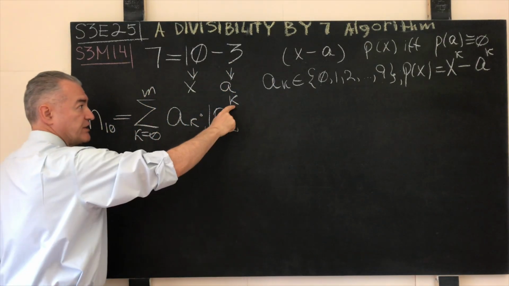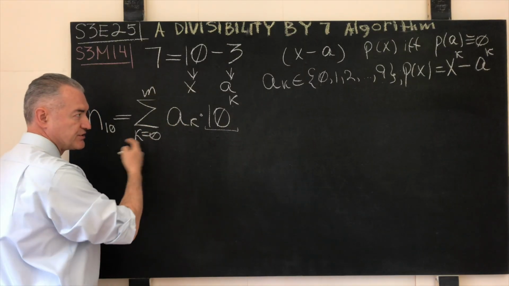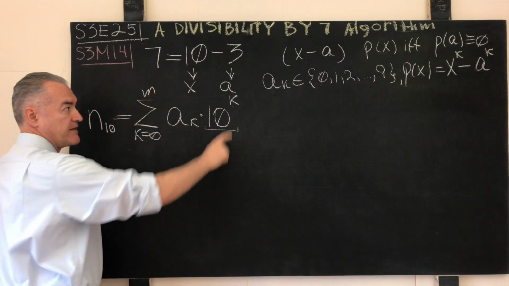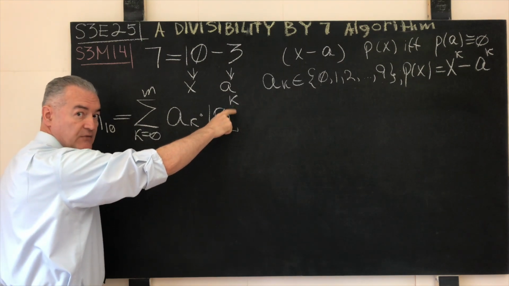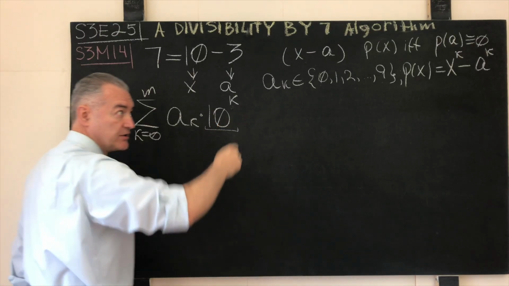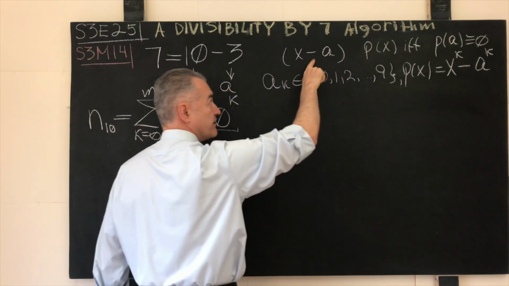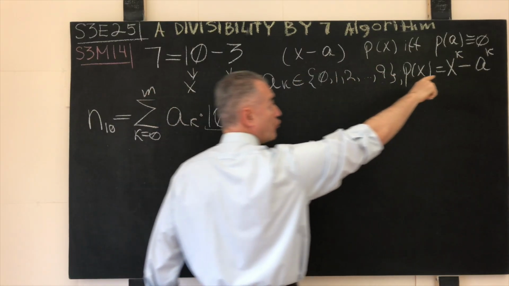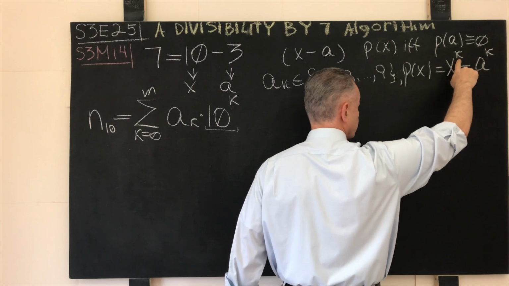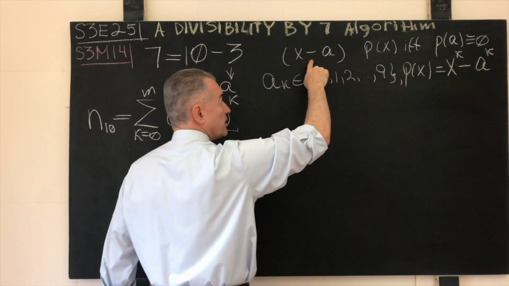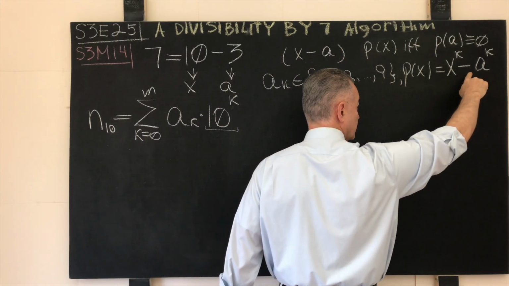Why? Look over here, k varies over some number of interesting digits in a given number. And that means that this number over here flip-flops through what? Even, odd, even, odd, even, odd. And this polynomial over here is divisible by this polynomial over here for all parities of k, whether k is odd or even, it doesn't really matter. The binomial x minus a always divides this polynomial.